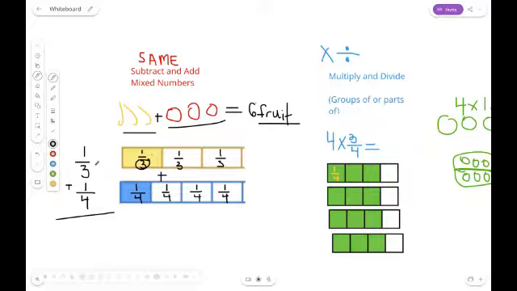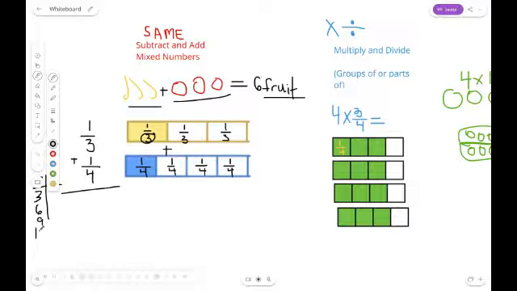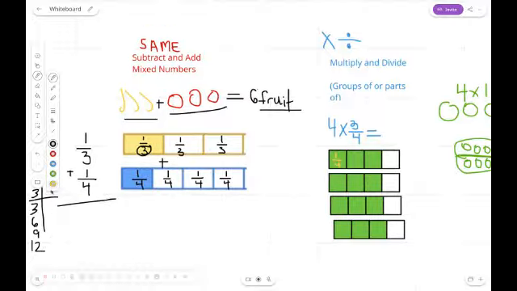So I have to figure out what is their least common multiple, or what is a multiple they have in common. So if I were to think about my 3's, I could say 3, 6, 9, 12. And if I were to think about my 4's, I could say 4, 8, 12.